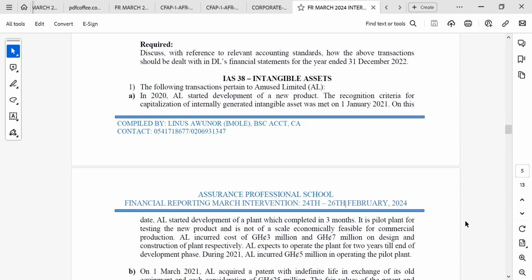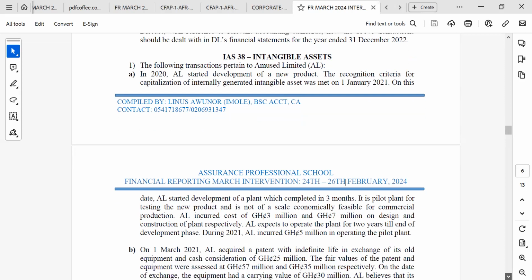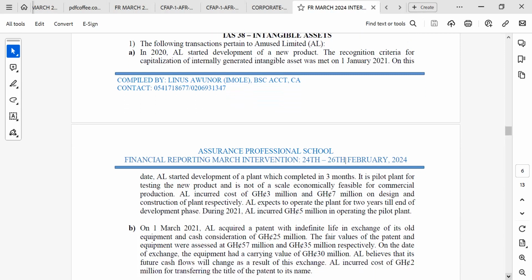It is a pilot plant for testing the new product and is not of a scale economically feasible for commercial production. AL incurred costs of 3 million cedis and 7 million cedis on design and construction of the plant respectively. AL expects to operate the plant for 2 years till the end of the development phase. During 2021, AL incurred 5 million cedis in operating the pilot plant.